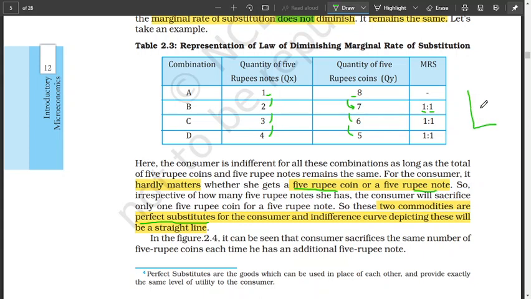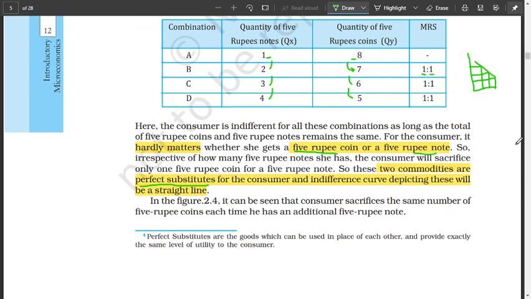If you put it in the graph, it will not be convex, but it will be a straight line. 1 for 8, 2 for 7, 3 for 6, and so on. You'll get a straight line, not a convex. It's convex for most of the goods because of the diminishing MRS, but in this case, it's constant. That's why it's a straight line.